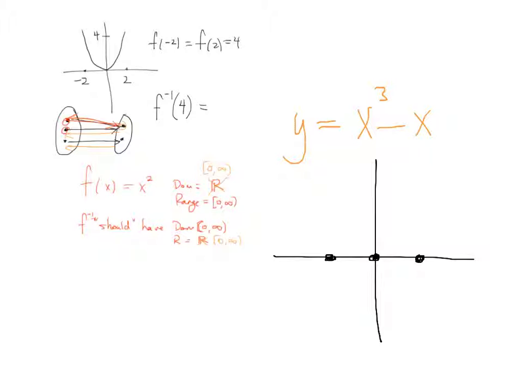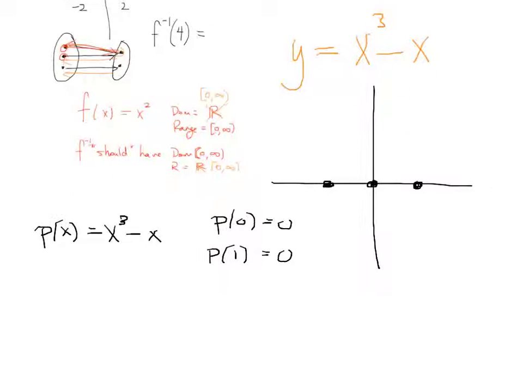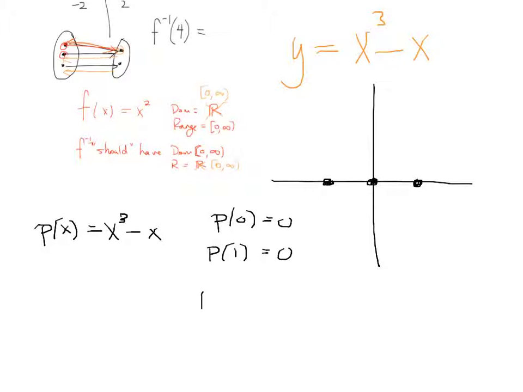It's a line. No. So I have a polynomial, and I know that p of 0 is 0, p of 1 is 0, and p of negative 1 is 0.